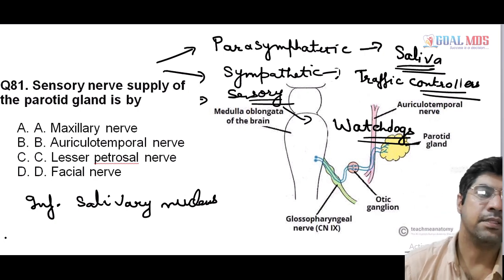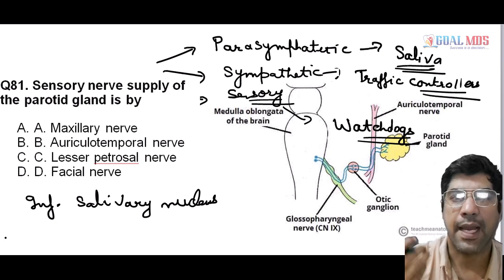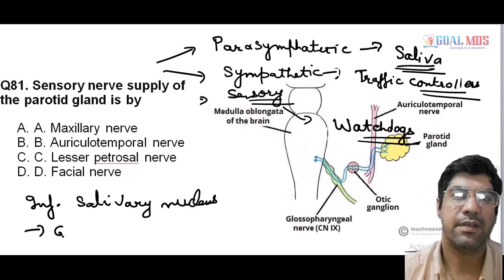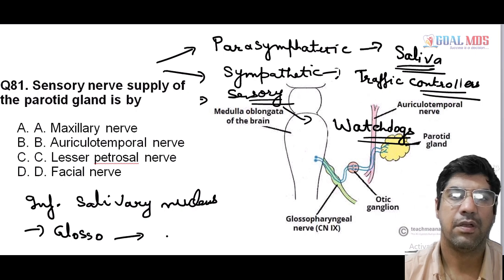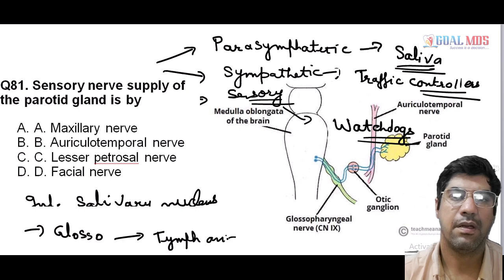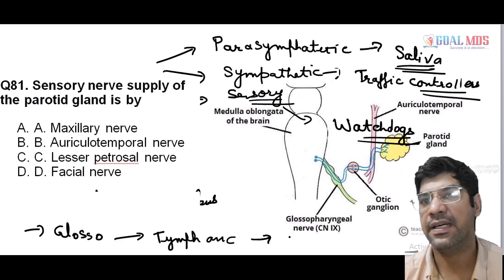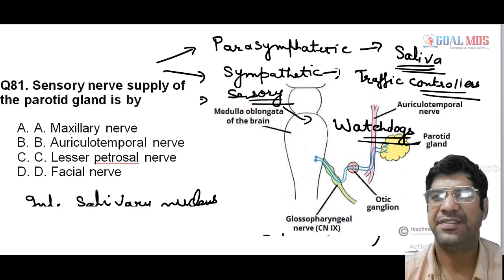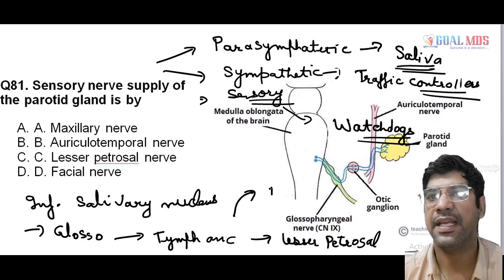In their journey they take a ride on various nerve highways like the glossopharyngeal nerve, tympanic plexus, and finally the lesser petrosal nerve, as if you are changing trains.